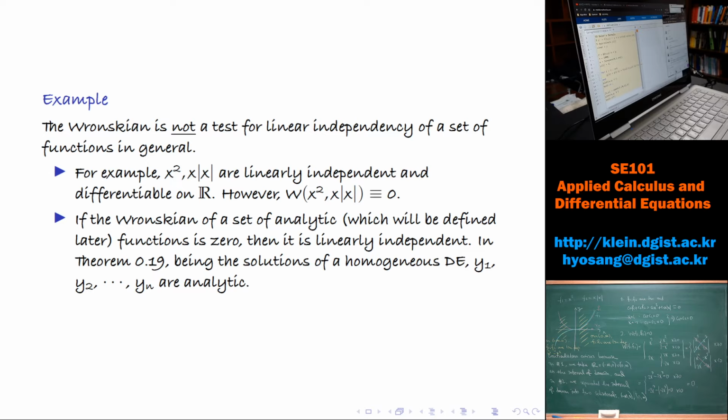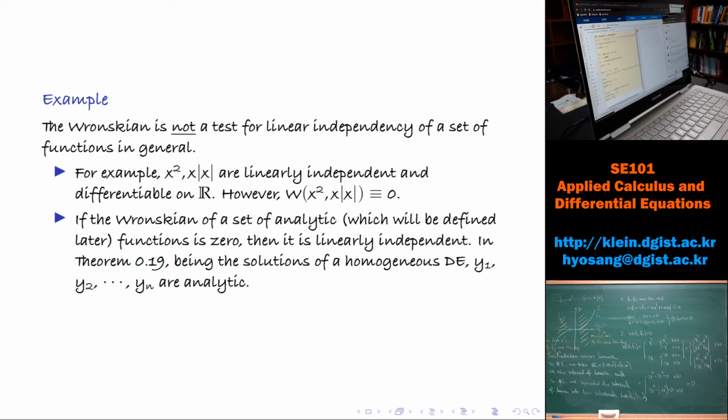So if you have n solutions to a given differential equation, and these n solutions are linearly independent, then you can say that the set of such solutions is a fundamental set of solutions, and the linear sum of such solutions is the general solution.